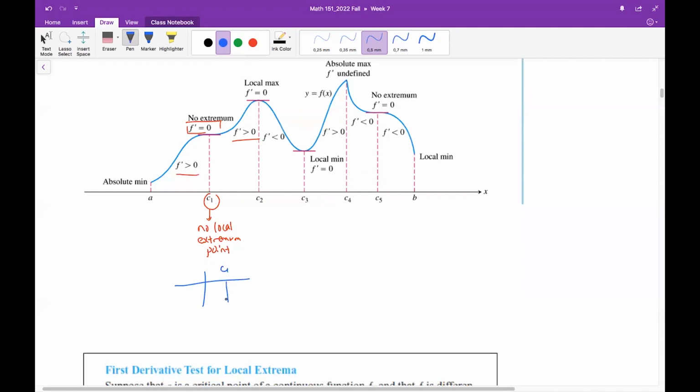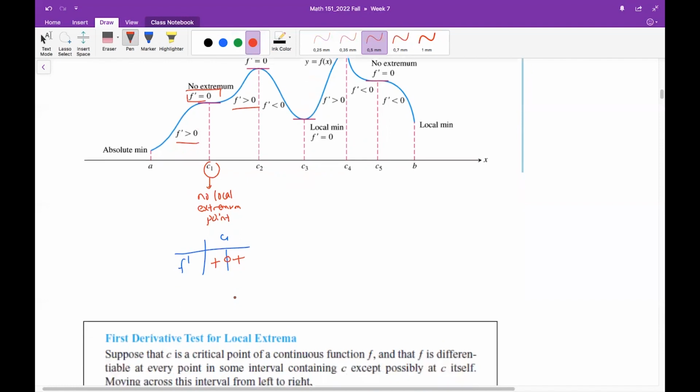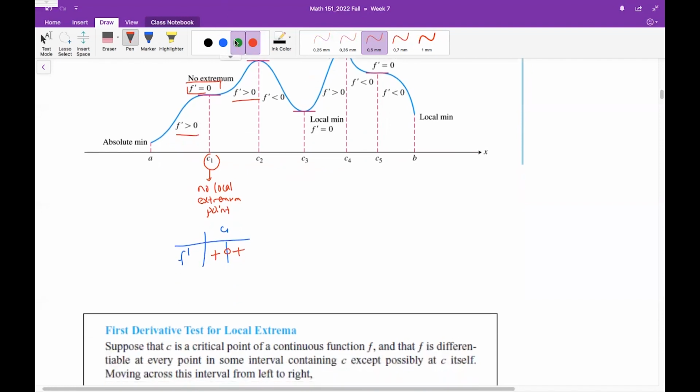So we are interested in the point C1. Look at the signs of the first derivative function. Before it is positive. After C1, it is positive. At C1, first derivative is 0. So you see, first derivative doesn't change its sign. Okay, so your function keeps increasing and increasing.